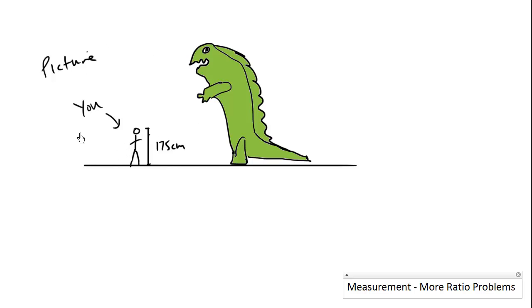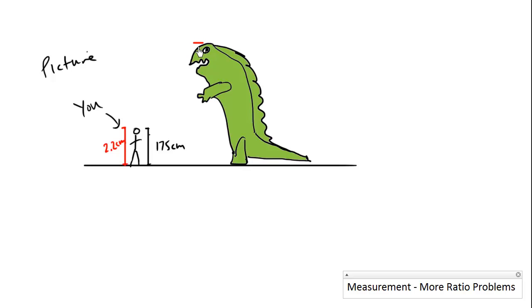However, when you actually measure the picture, according to the picture you are only 2.2 centimeters tall. So the question is, how tall is this monster in real life?